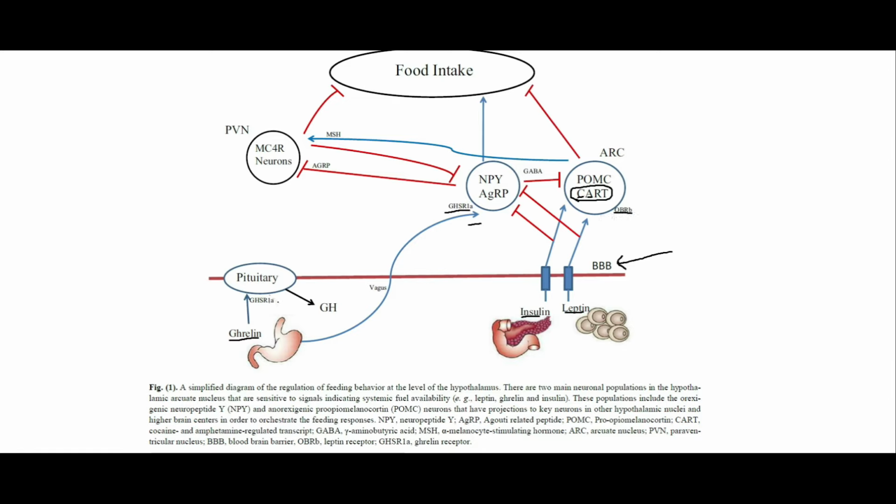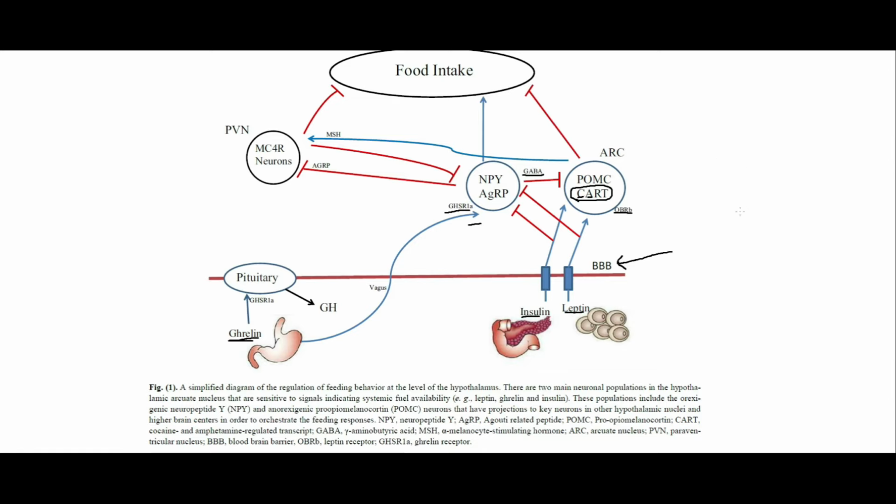receptors. And what we see here is ghrelin coming and activating the NPY-AGRP, which then activates GABAergic neurons, which then signal to inhibit the POMC, and that is actually how the ghrelin inhibits the satiety neurons. It doesn't actually bind to them directly.